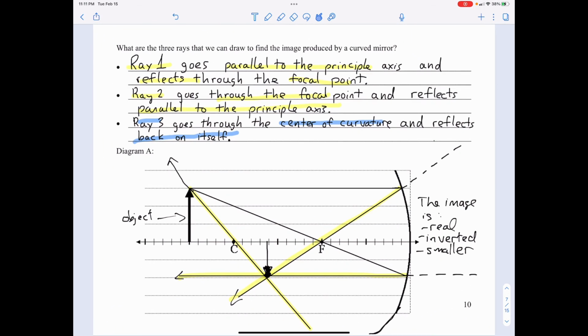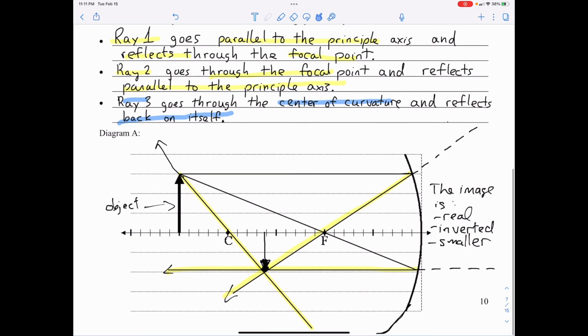If we look back at diagram A, you can see the focal length is 10 units away. I'm going to call each unit a centimeter. Actually, let's just leave it as units. It doesn't matter because it could be centimeters, meters, whatever. It's 10 units away.